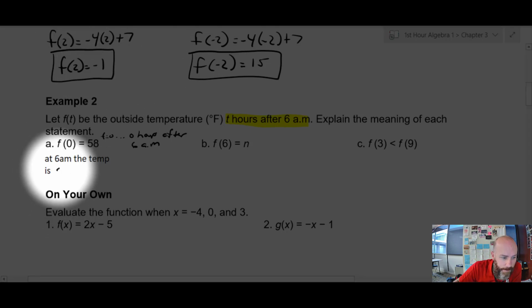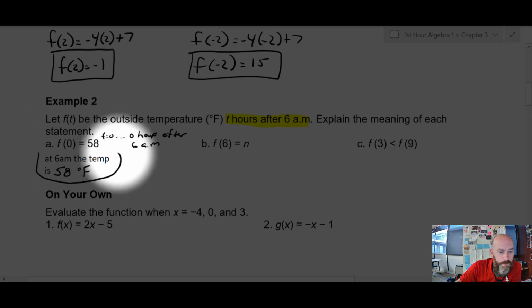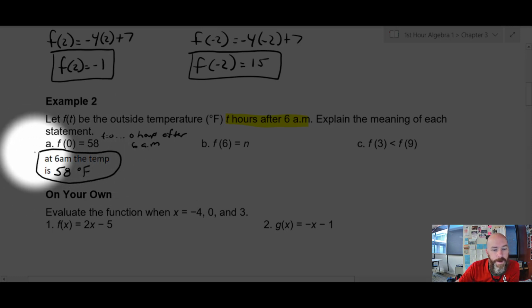So I can say at 6 a.m. the temperature is 58 degrees Fahrenheit.